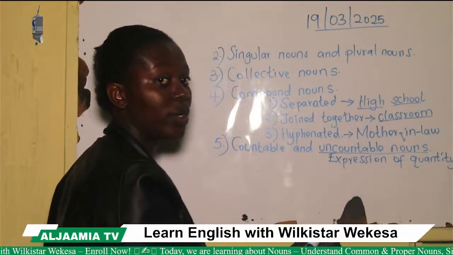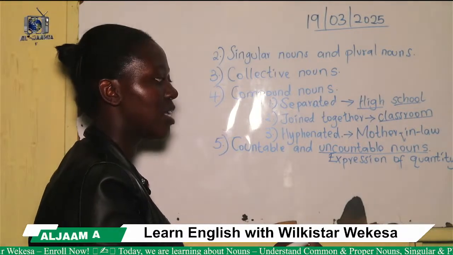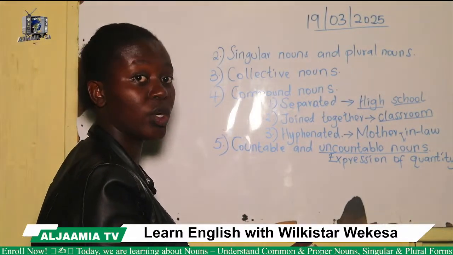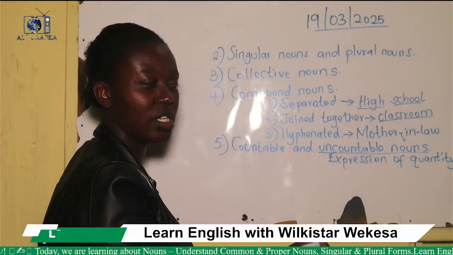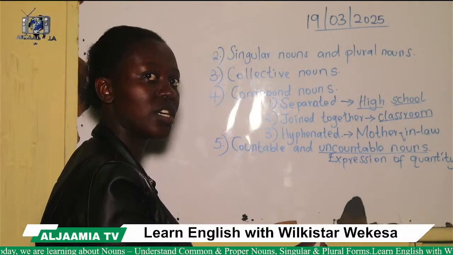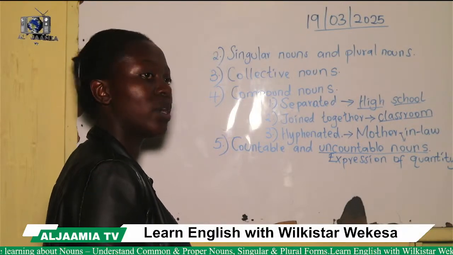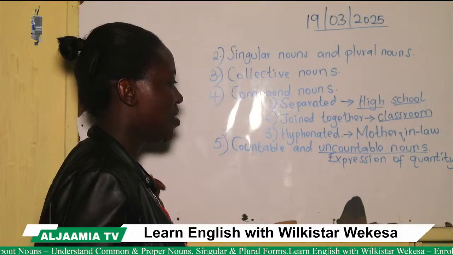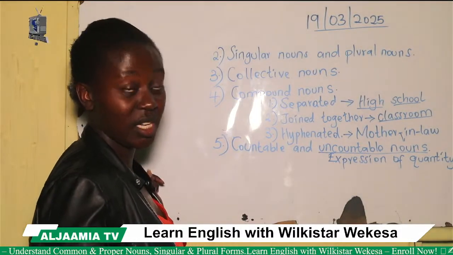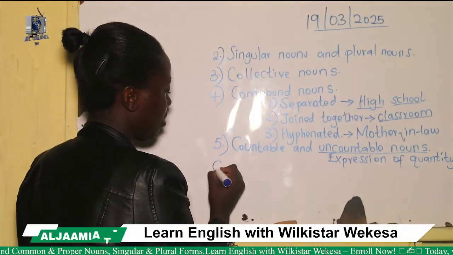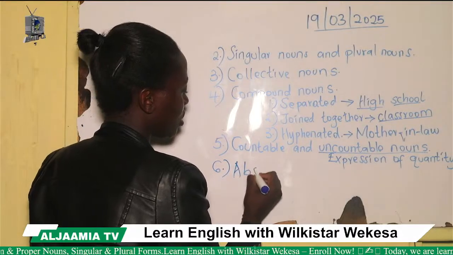For example, maybe now you want to count rice. You say, I want to buy 1 kilogram of rice. I want a cup of tea. I want a packet of cigarettes, like that. I'm going to buy 1 liter of maybe milk, like that.